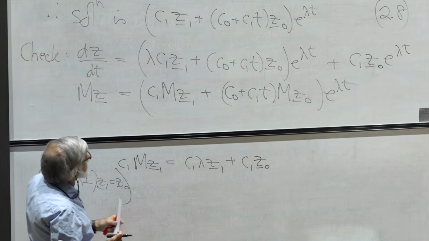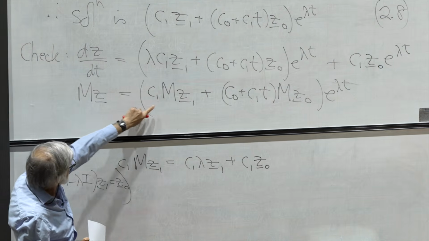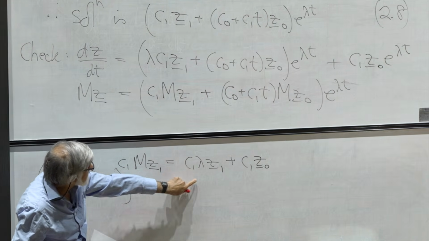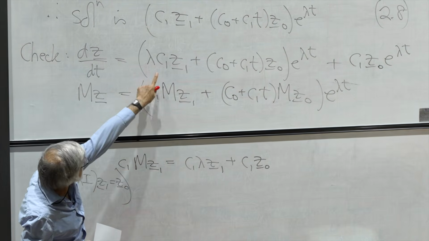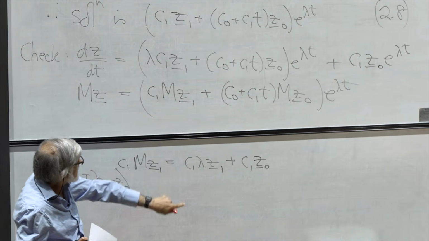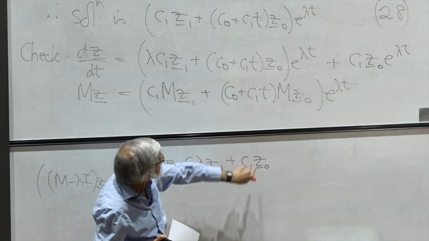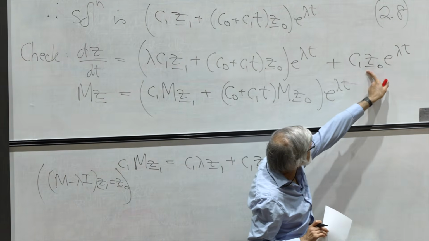Right, so what does that give us? Well, look, that thing is lambda z1, which is that thing, plus c1 z0, which is that thing.